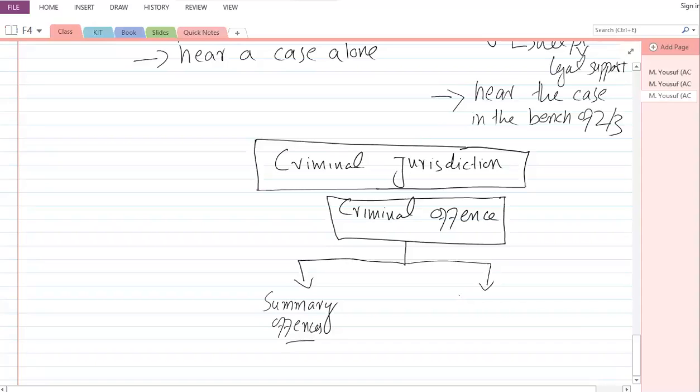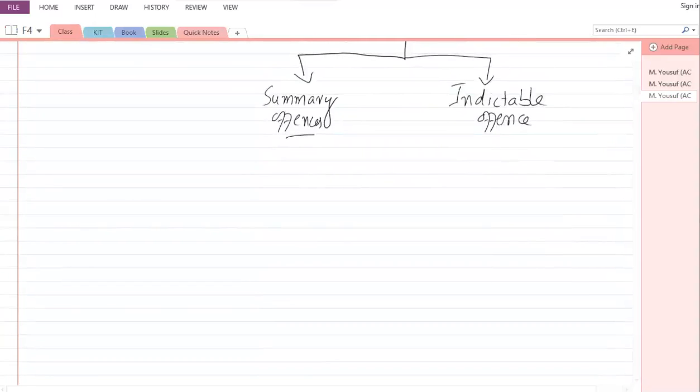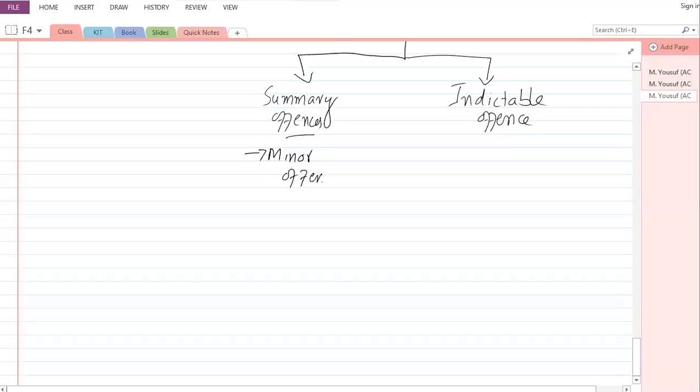First one is summary offenses and the other one is indictable offenses. So what is the difference between the two? Summary offense is a minor offense, whereas indictable offense is a major crime.